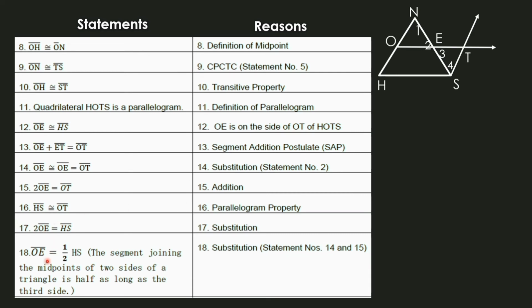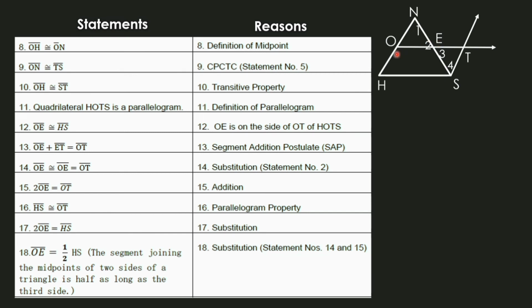Next, OE or side OE is 1/2 of side HS. The segment joining the midpoints of two sides of a triangle is half as long as the third side. So itong OE, so ito yon. That is the segment joining the midpoints of two sides.